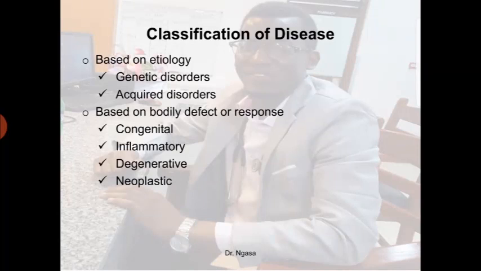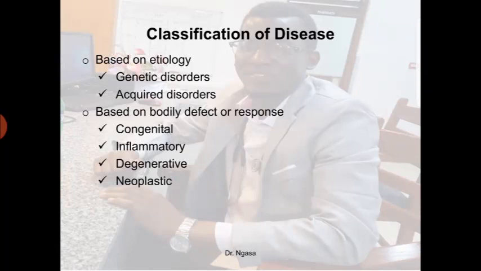First, you can classify disease based on etiology, and also you can classify disease based on bodily defects or body response. First, based on etiology, you can classify disease considering the causative agent of it.